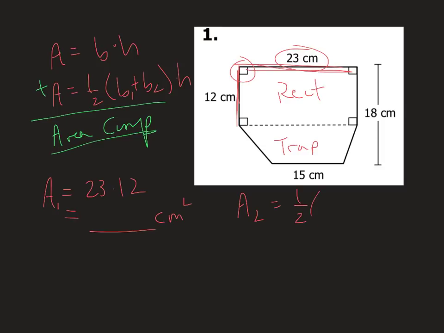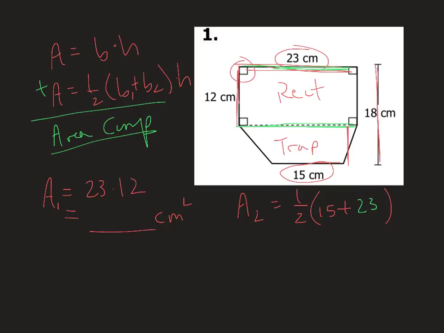That's going to be 1/2 times base 1 plus base 2. Well, base 1 is going to be 15 plus, where's base 2? Well, that's this piece right here, and that's going to be the same as up here, which is 23. So the trick is finding these pieces. Times the height. Okay, we have our straight up and down measurement.